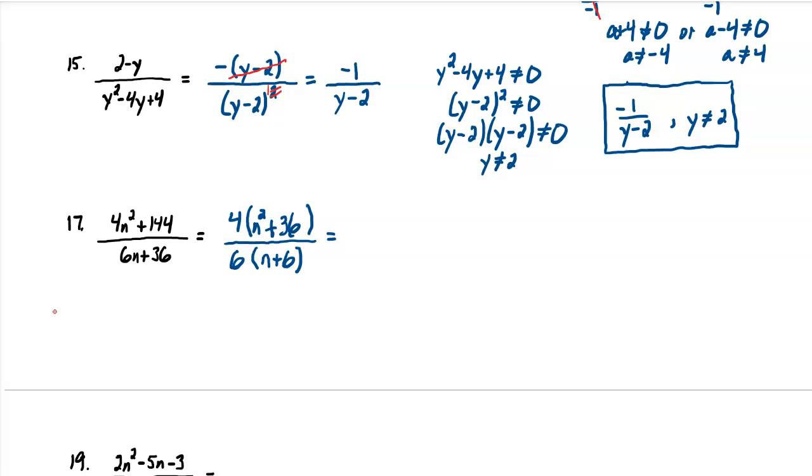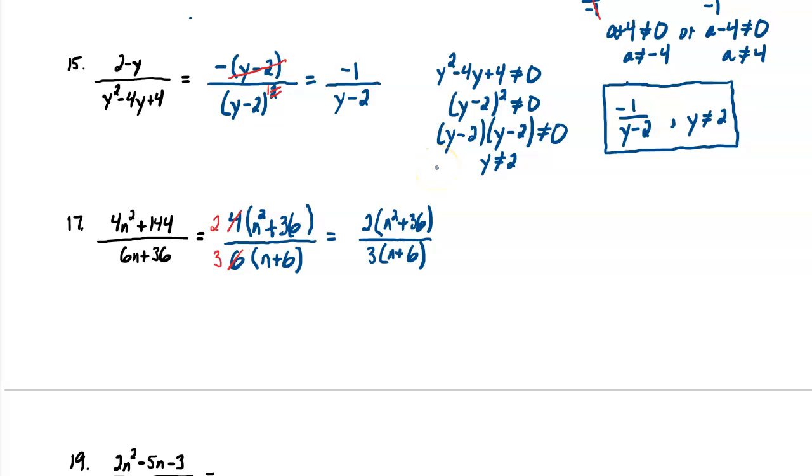They don't completely cancel, but they do reduce. 4 and 6 both divide by 2. 4 divided by 2 makes 2, and 6 divided by 2 makes a 3. So the final result has a 2, and then n squared plus 36. In the denominator, there's a 3, and there's an n plus 6.